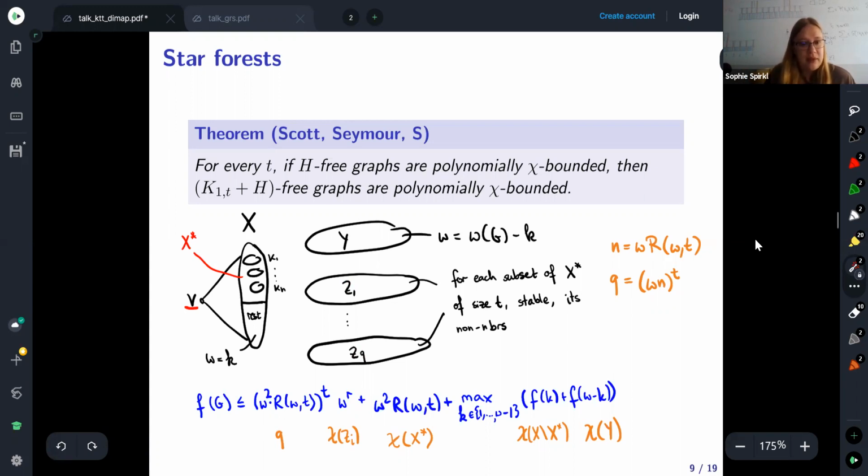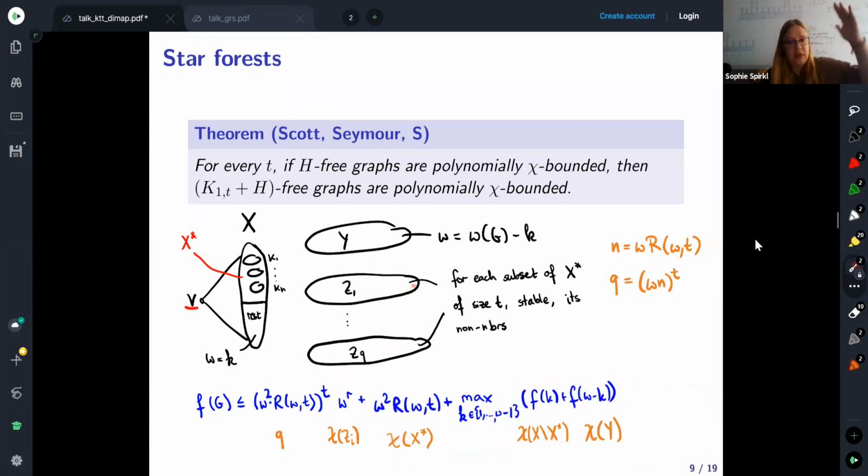Right, so what have we done for each of these? We now have a stable set of size t of common non-neighbors of Zi. So this set is actually H-free. We took the vertices that had many non-neighbors in K1 up to Kn, and we grouped them by which non-neighbors, but by choosing the grouping according to a stable set of size t, we made it so that the number of groups required was polynomial.